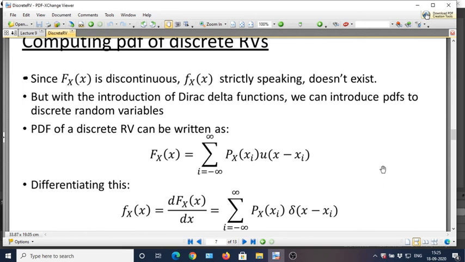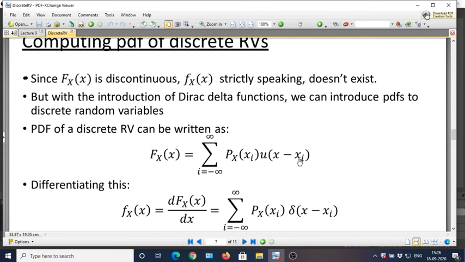It takes a value 0 for y less than 0 and 1 for y greater than or equal to 0. So at y equal to 0, it increases to a value 1. These are all shifted step functions, so they start taking a value from 0 to 1 at these points x_i.